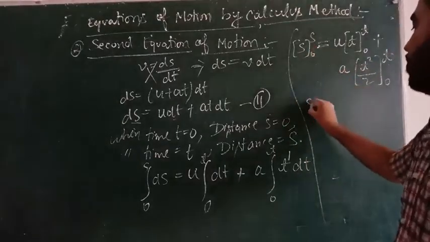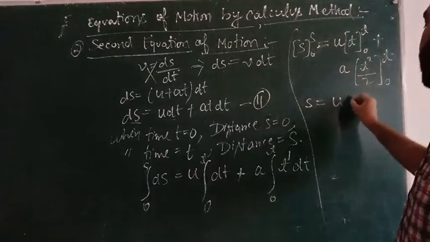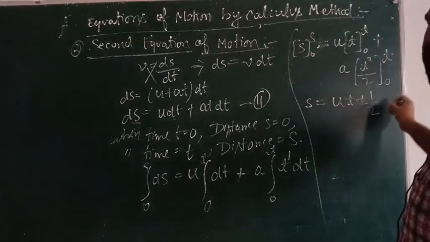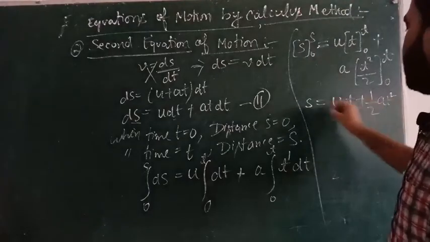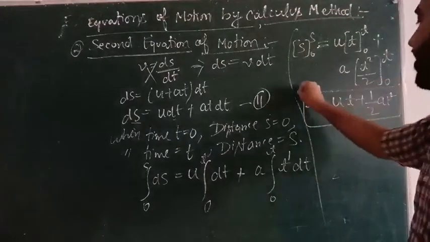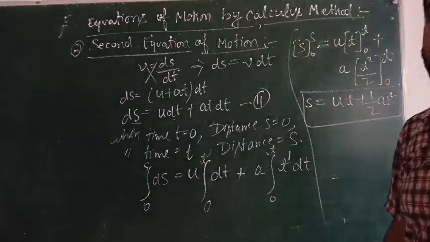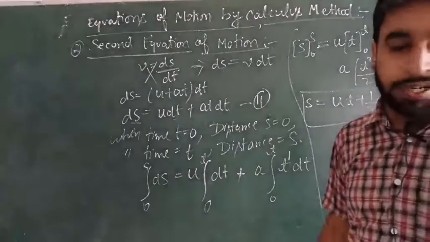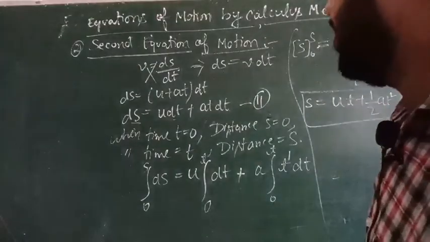So s minus 0, s, ut minus 0, t, plus 1 upon 2 is there, a, t square minus 0, t square only. So s is equal to ut plus half at square. This is the second equation of motion by applying this integration method. I hope you understood this.